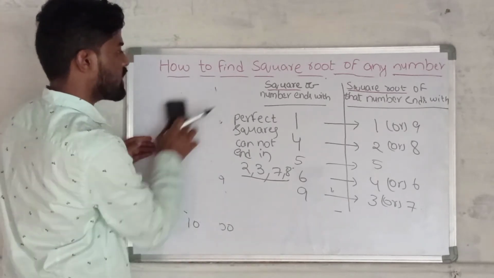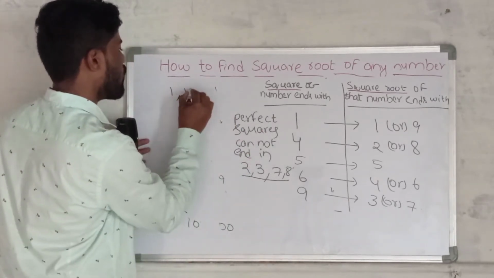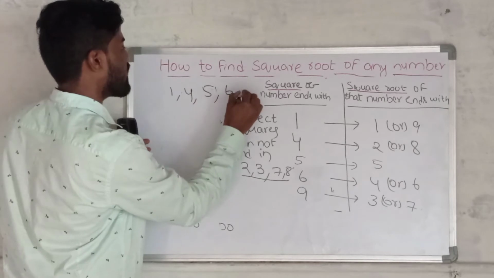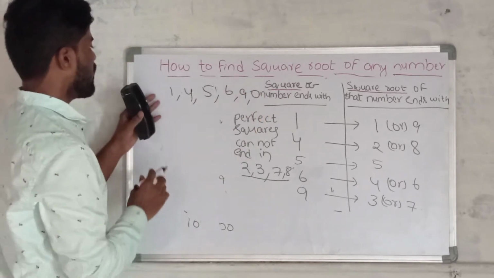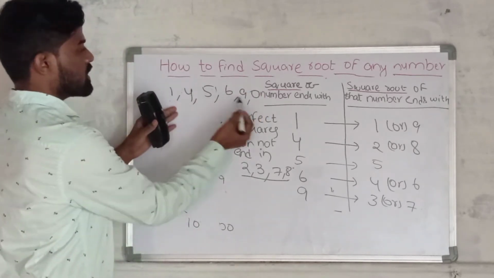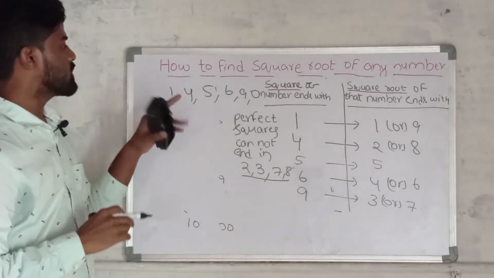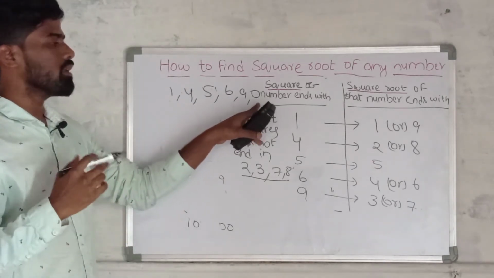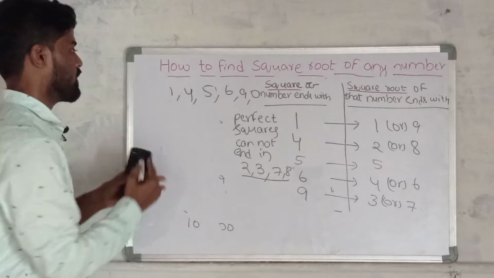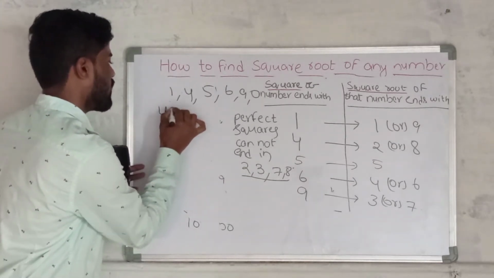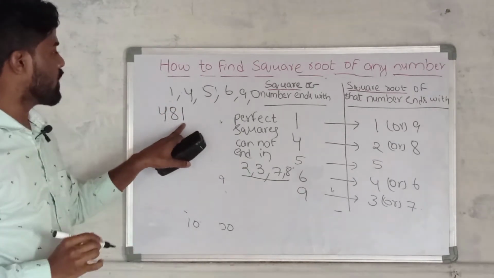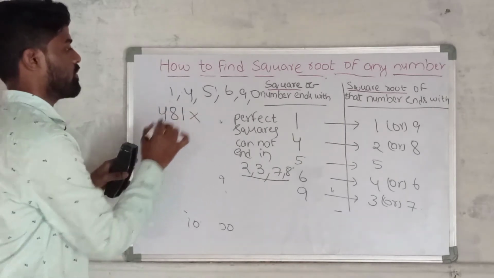Perfect squares always end with 1, 4, 5, 6, 9, 0. But the converse is not true. If a number ends with any of these digits, it may or may not be a perfect square. Suppose we take the number 481. It ends with 1, but it is not a perfect square.